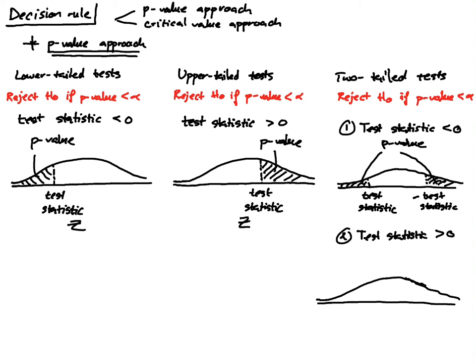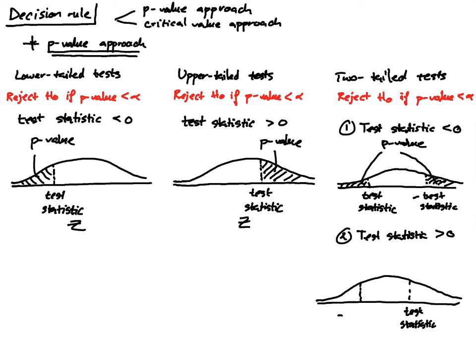So if this is your test statistic, the first thing you want to do is you want to identify the negative version of it.